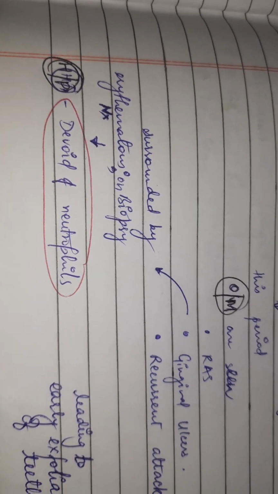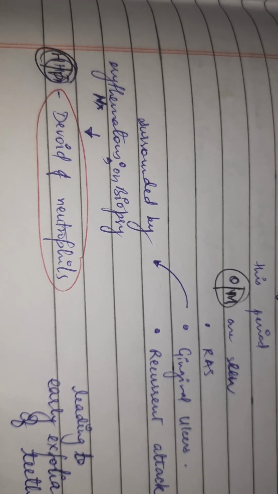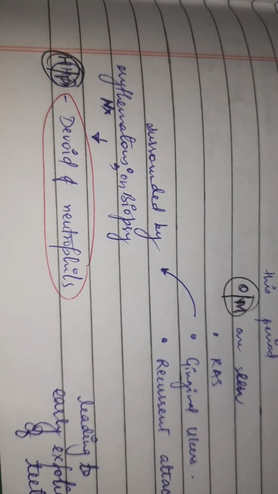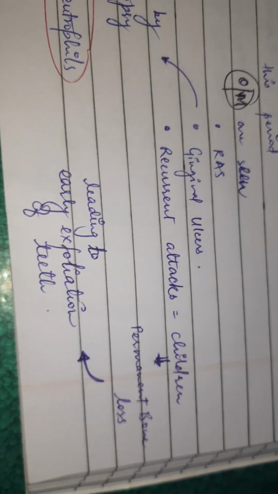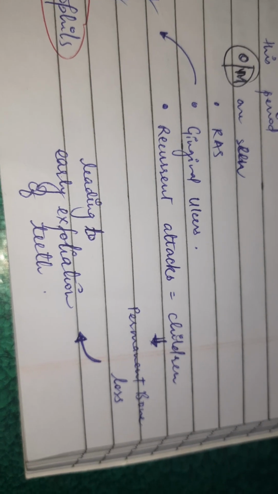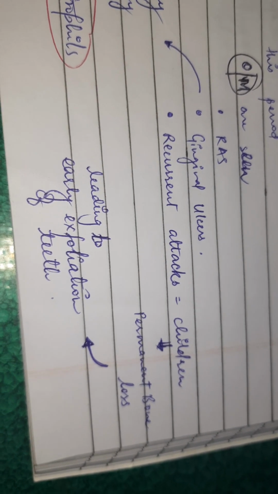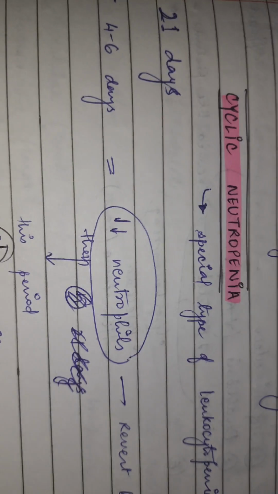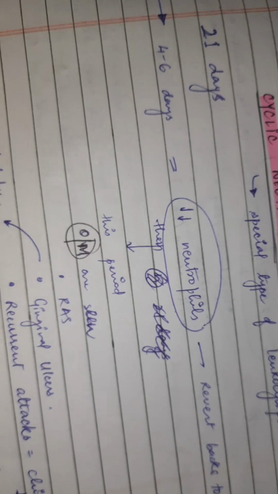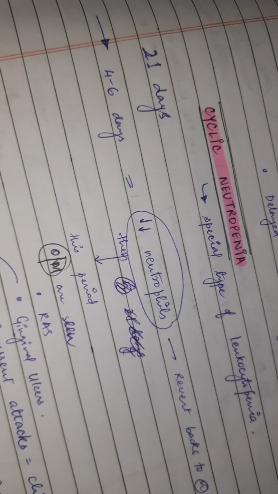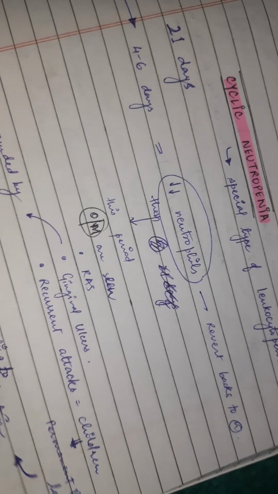If recurrent attacks occur in children, permanent bone loss may occur, leading to early exfoliation of teeth. Cyclic neutropenia is one of the causes of early exfoliation of teeth in children, because recurrent attacks may cause permanent bone loss.